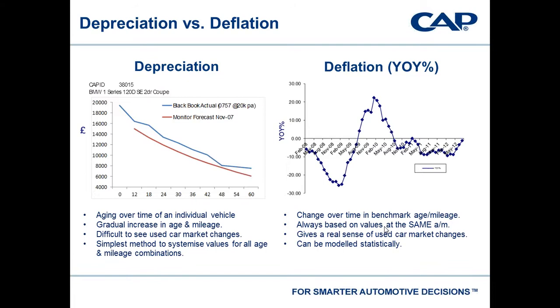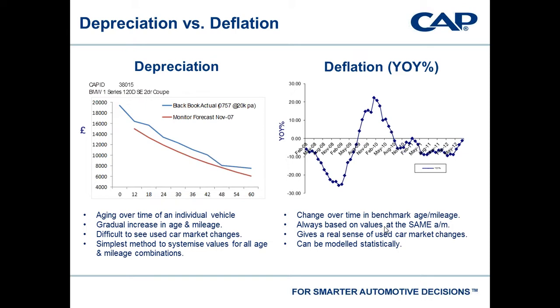This is probably a page which is one of those which is familiar. One of the key differences between how Monitor works today and how Goldbook is going to work in the future is that in Monitor, and all our competitors have done pretty much the same thing, all the forecast values are based on depreciation curves.